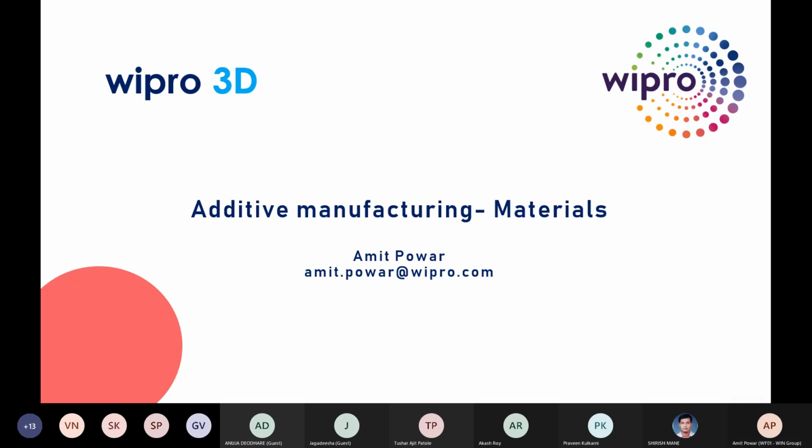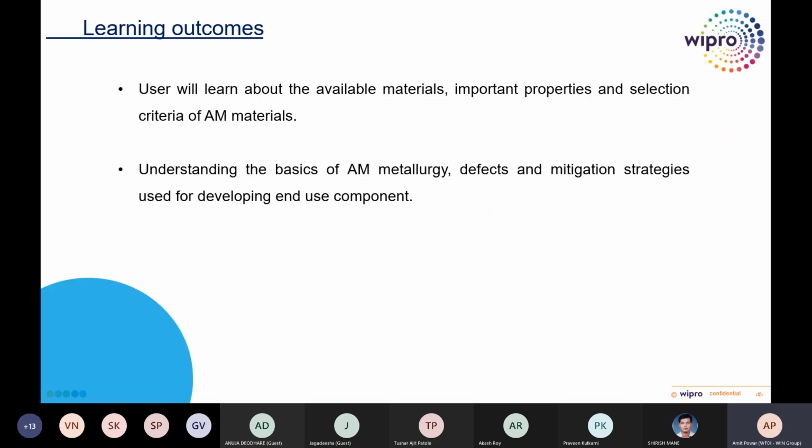So basically, the users will learn about the different materials available for manufacturing through the additive manufacturing route on the metal side, basically metal AM, and then the important properties and selection criteria of AM materials, and an understanding of the basic AM metallurgy.